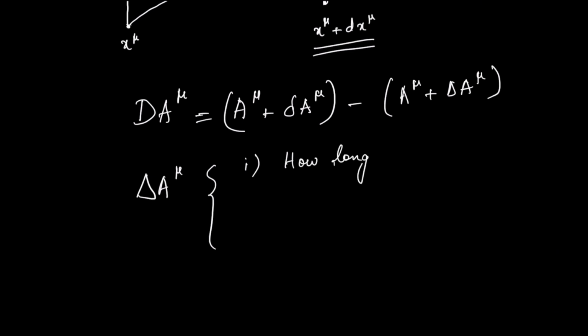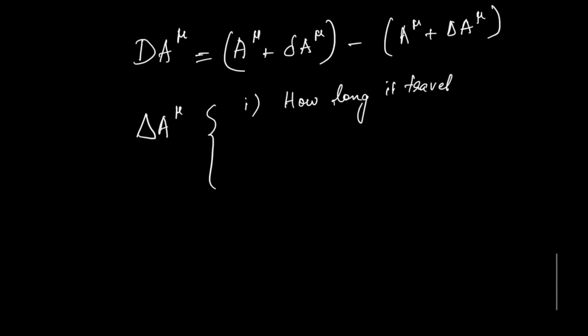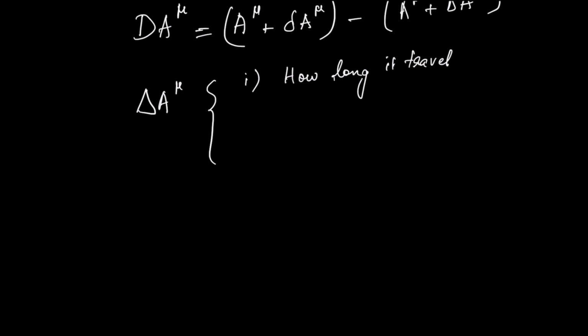Here it is delta x lambda. Secondly, it will depend upon the coordinate system representing the metric properties of the space. Here I represent the metric properties by the Christoffel symbol mu nu lambda.